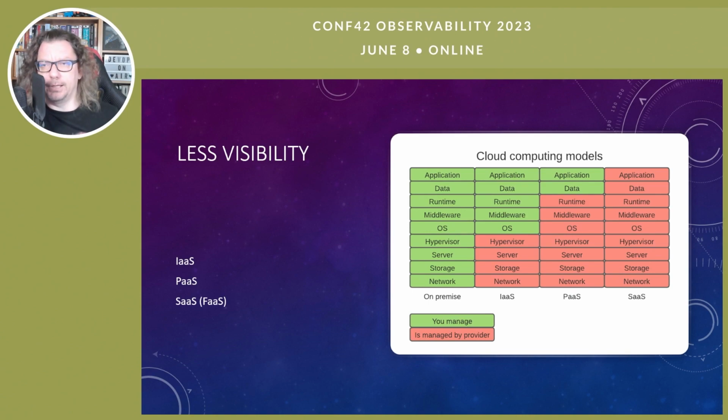Well, exactly this, right? So we have different computing models, and on this picture you can see that the greens are the elements which we control, and the reds are what we do not control in any of these computing models. So we have a couple of approaches here. We have on-premise, simple, we control everything.